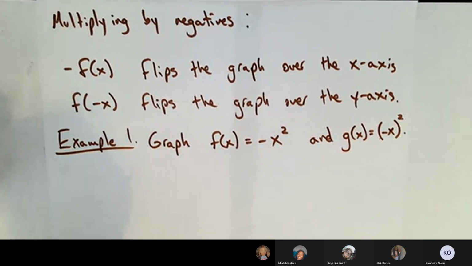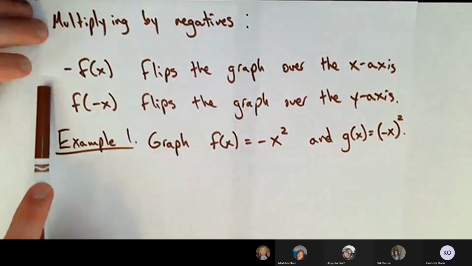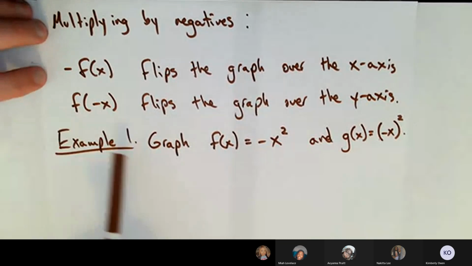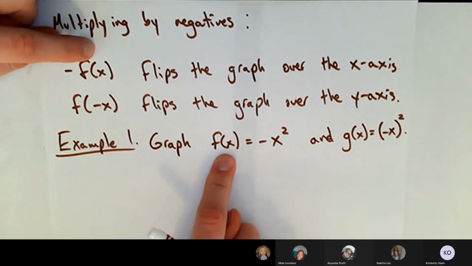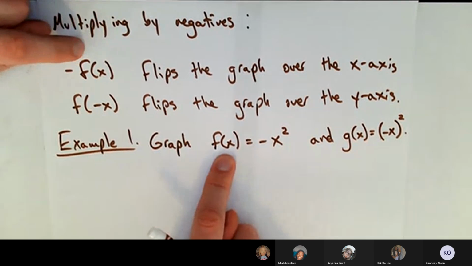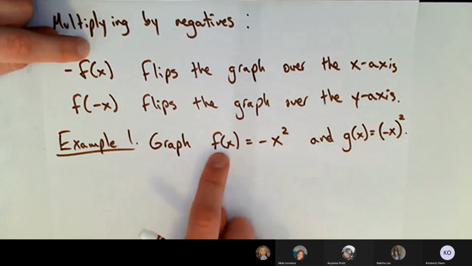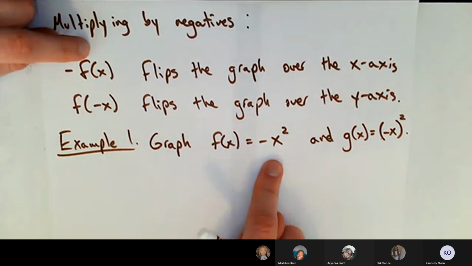By the way, in my general setup up here, for the rules that I'm writing down, I'm using f of x. That's not this f of x, right? This is just a super generic function, representing x squared or x cubed or square root of x or something. And then I'm using this here as a specific example.